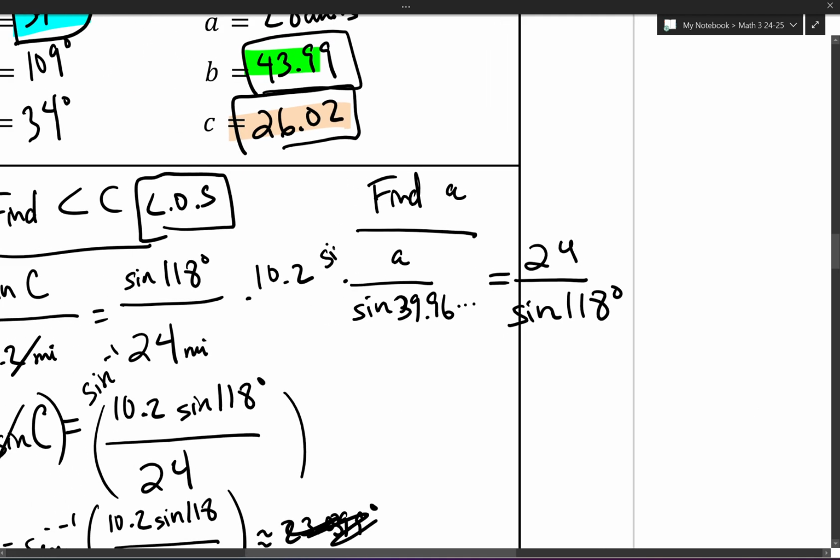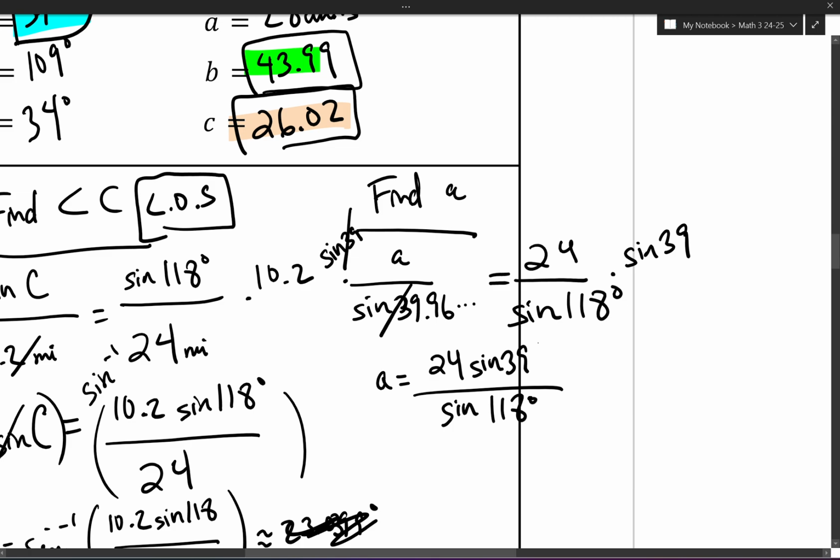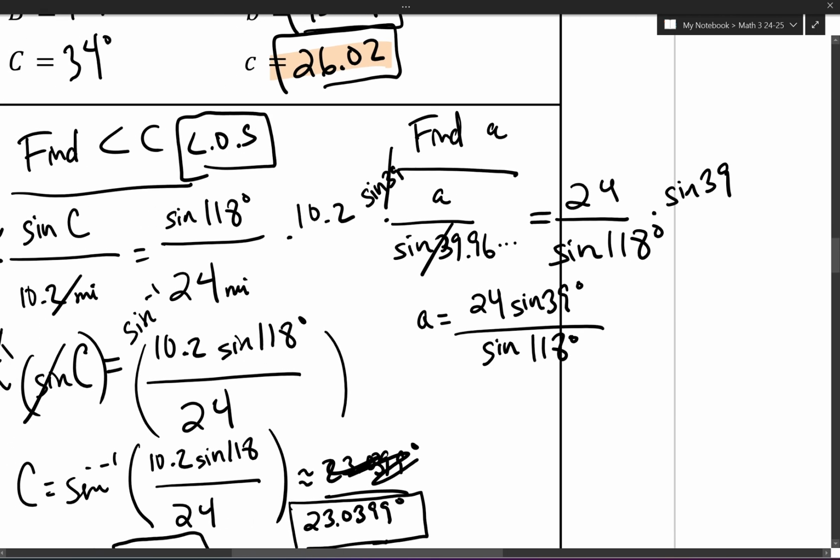Multiply by the denominator, sine of 39. A equals 24 times the sine of 39, and I know it's not just 39, you'll see here in the calculator, over the sine of 118. That is what we're looking for. We need to put this into a calculator.